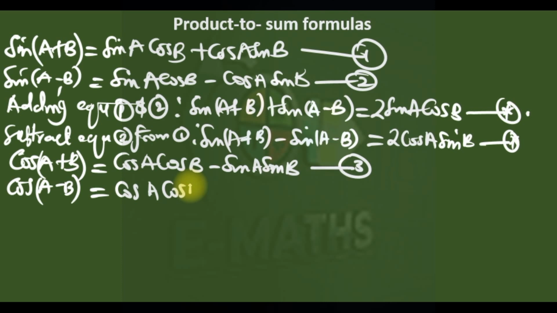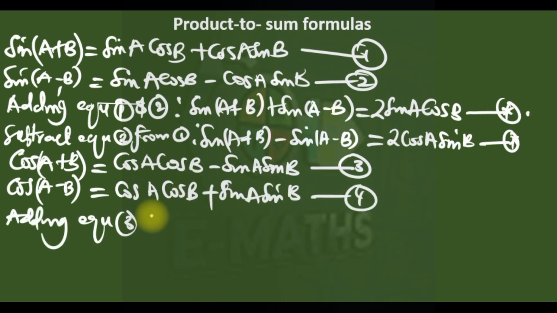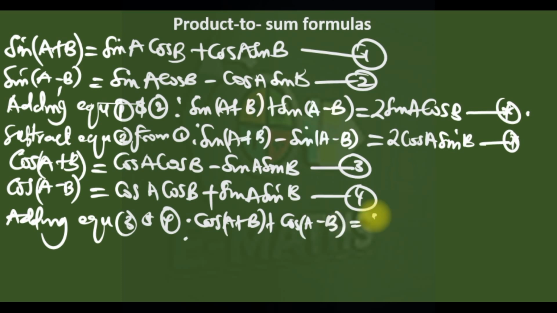In the same way, adding equation 3 and 4 implies that cos A plus B plus cos A minus B is equal to 2 cos A cos B. Why? Because this plus this is 0. So that's another important formula.